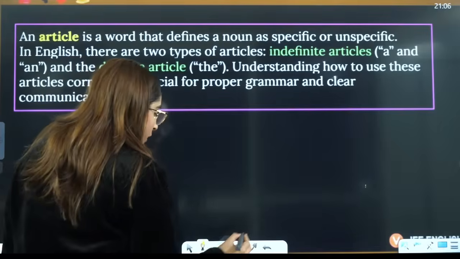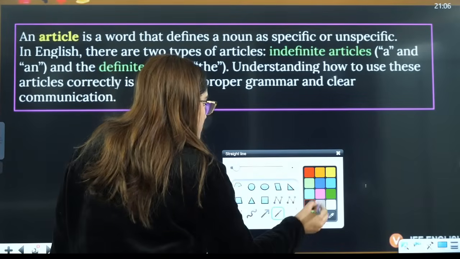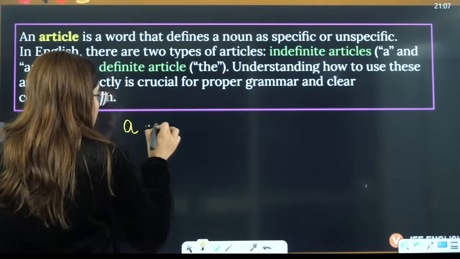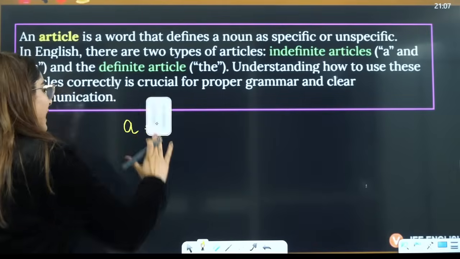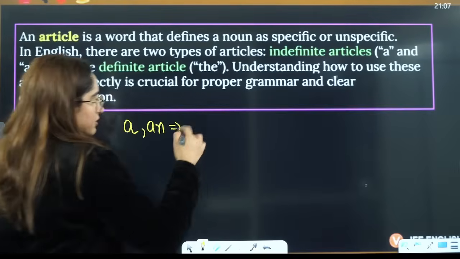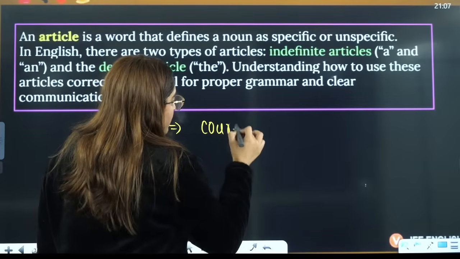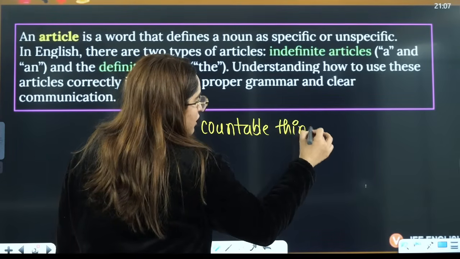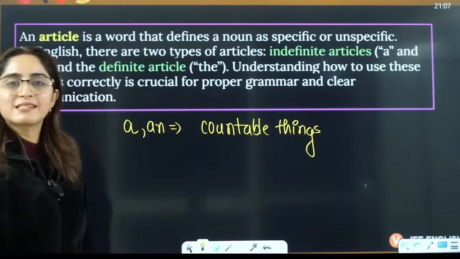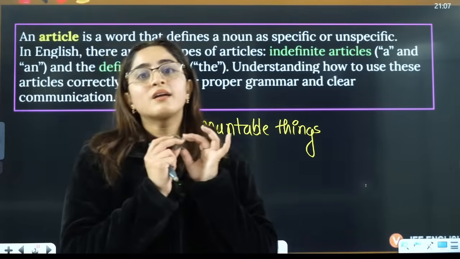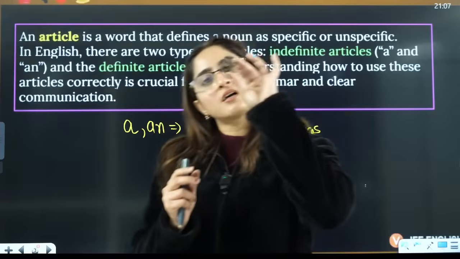If I divide it into 3 parts, a and an come under the indefinite articles. They are used for countable things. For example, I can say, this is a clutcher.